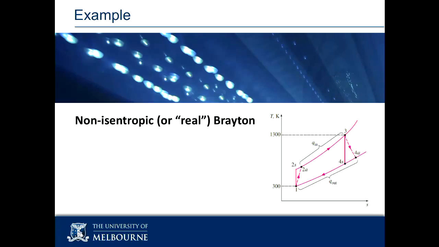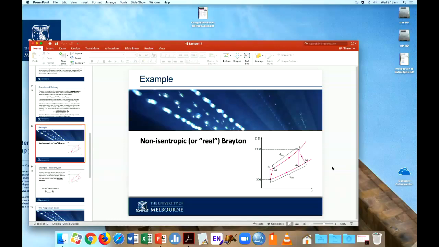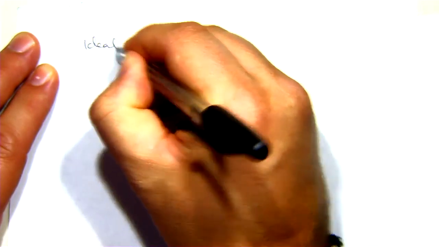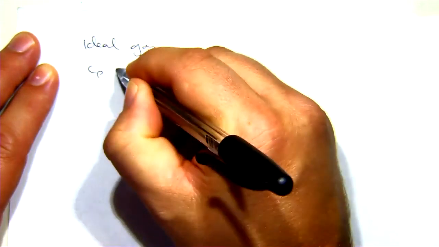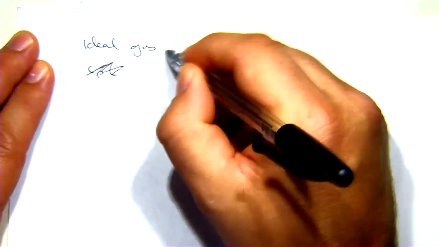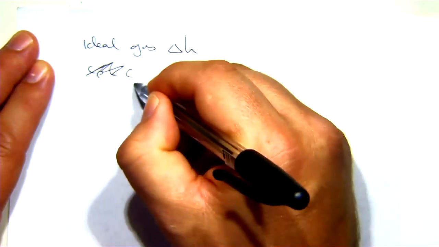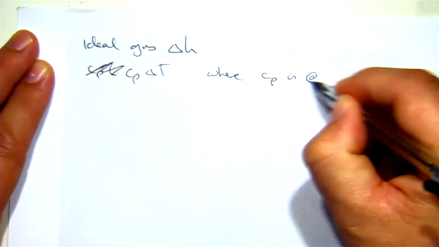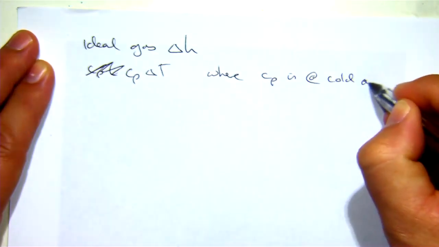So your three options, I'm going to put a couple of things up on the screen. First, for an ideal gas, you can do delta H equals Cp delta T, where Cp is at cold air.